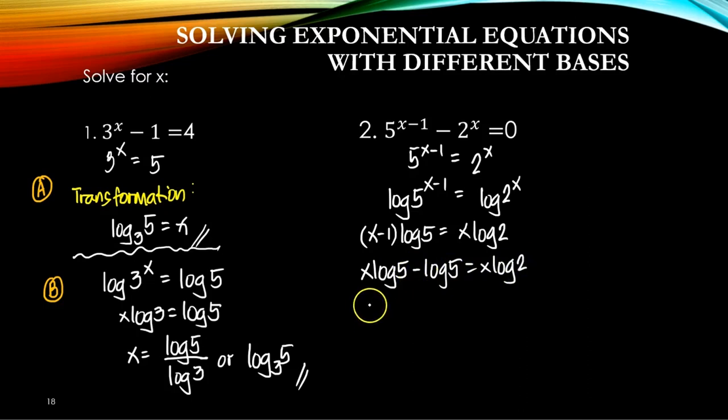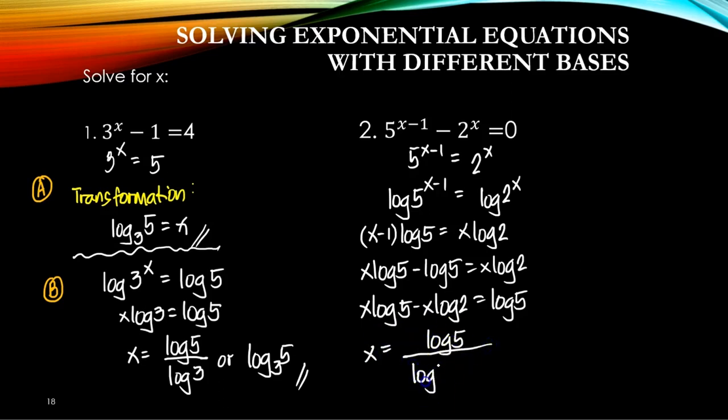And then let's combine those terms that contain x. X log 5 minus x log 2 is equal to, transpose those that don't contain x, it's simply log 5. If I factor out x, I'm left with log 5 all over log 5 minus log 2.